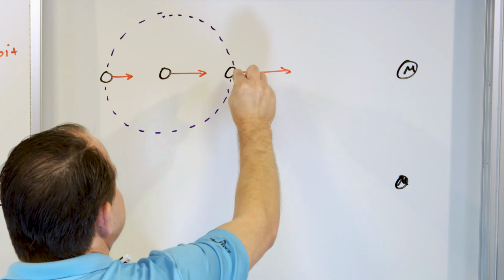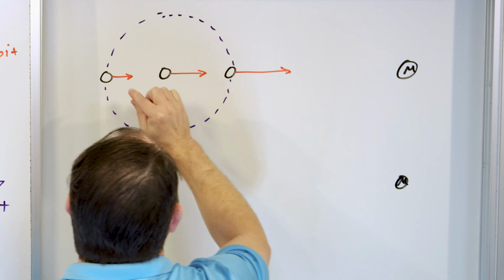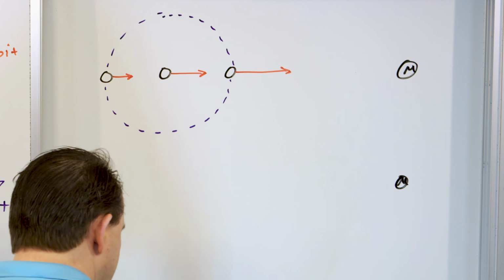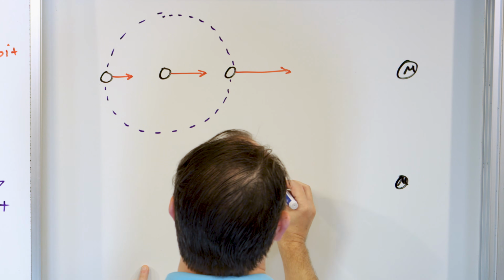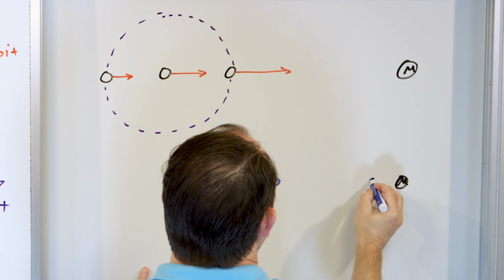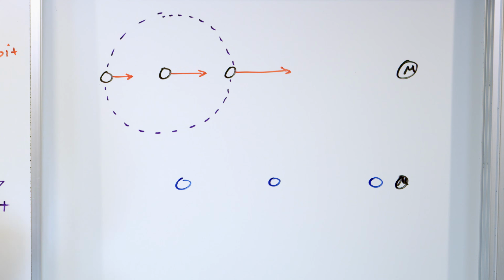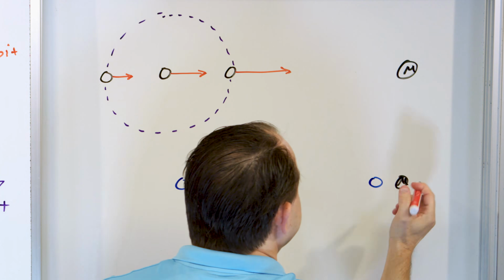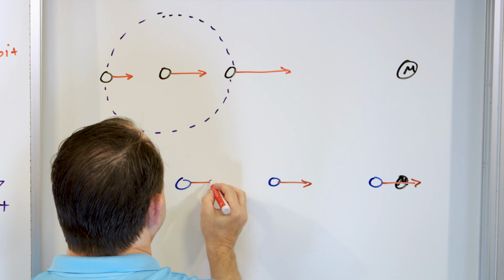This one is being pulled more, and then this one's being pulled a little bit less, and then this one is being pulled a little bit less. So if I let it go, the center rock would be here, this rock would be much, much farther away, and then this rock would actually be much, much farther away right here. Because this rock is being pulled the most, this one's a little bit less, and this one is a little bit less.